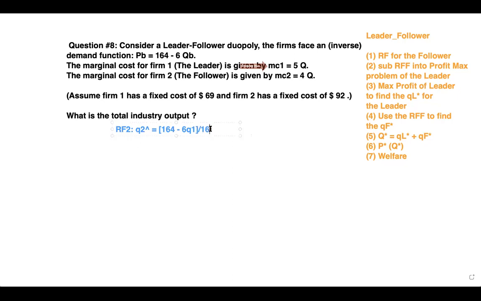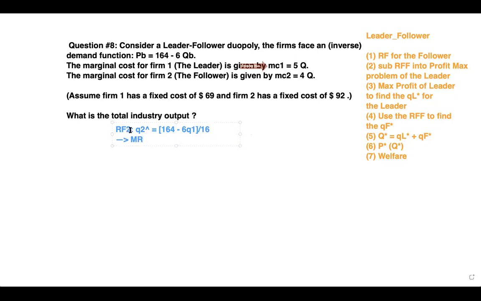Now, to substitute that into the profit maximization problem for the leader, what we know is we're going to end up with what I said before, which is the marginal revenue of firm 1, I should say.